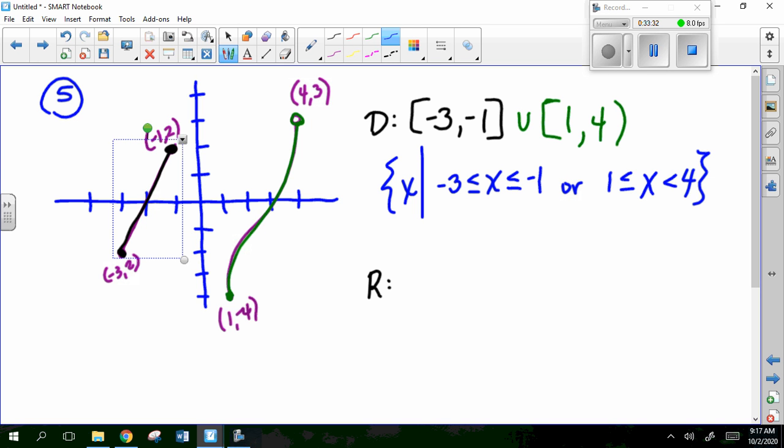So you have to make sure that you're matching up your square brackets with your inequalities with equals, and your parentheses with inequalities that don't have equals. All right, that's just 2 different ways to write the same domain.